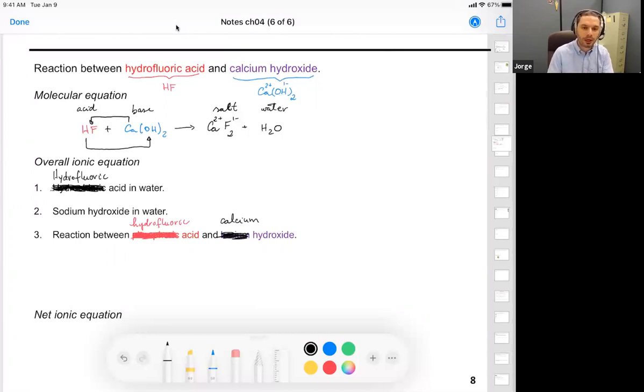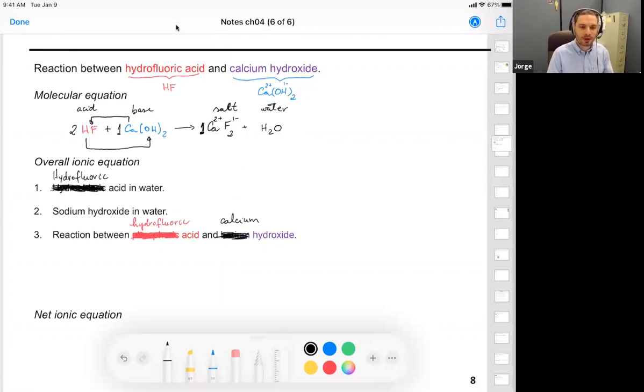Now, we need to check if the reaction is balanced or not. So you can see here that we have 2 fluorines in the product side and just 1 in the reagent side. So it's always a good idea to start with that, which means we need 2HF. Calcium, we have 1 here in the product side and 1 in the reagent side. That doesn't need to be balanced.